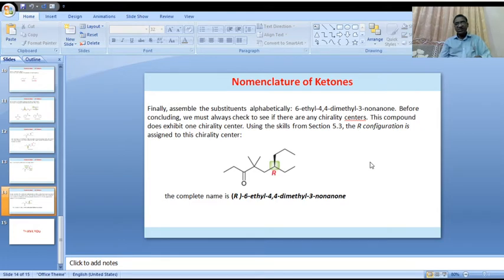The next case, functional isomerism. Aldehydes show functional isomerism with ketones. For example, C3H6O, the molecular formula is the same.